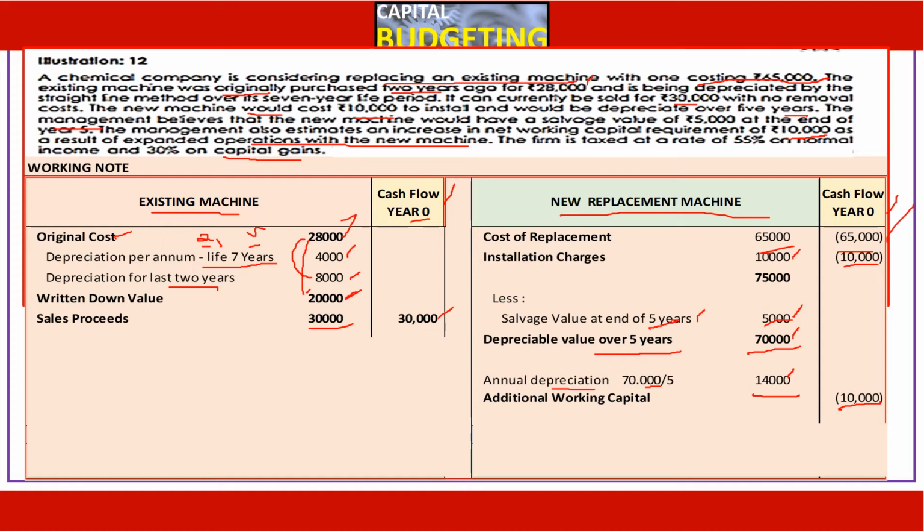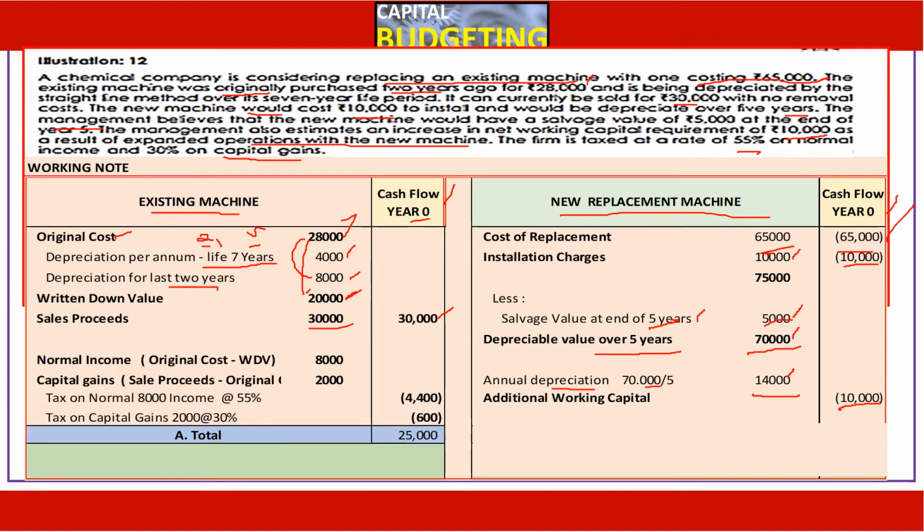And the problem says the firm is taxed at the rate of 55% for normal income and 30% for capital gains. Let us see its implications. What is normal income? If you sell something within the original cost of 28,000 and WDV is 20,000, 8,000 is the normal income. And if you sell above 28,000, the difference between sale proceeds and original cost is 2,000, which is called capital gains.